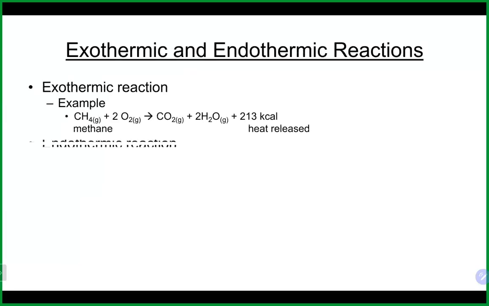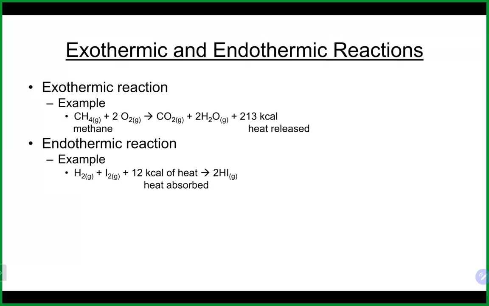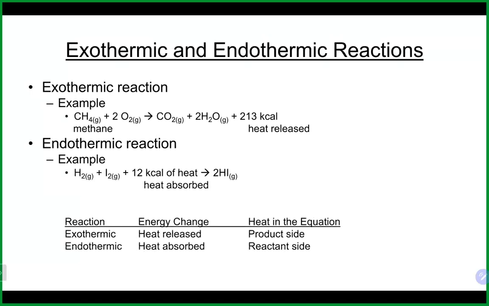Now, there are a couple other ways that exothermic and endothermic is displayed in a reaction. Sometimes they may actually just put a heat or energy value into the equation itself. So for example, here we have our combustion reaction, our methane, our CO2, and we have this 213 kilocalories, which is a unit of heat or energy.